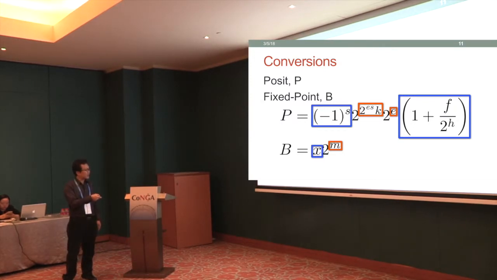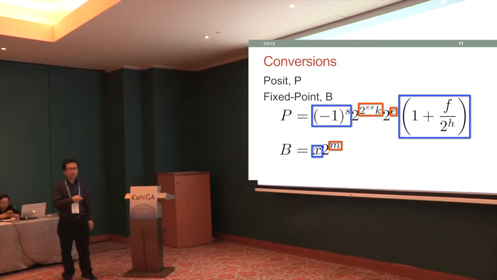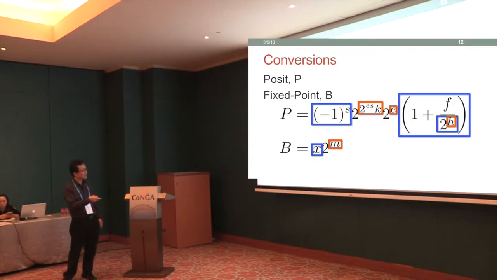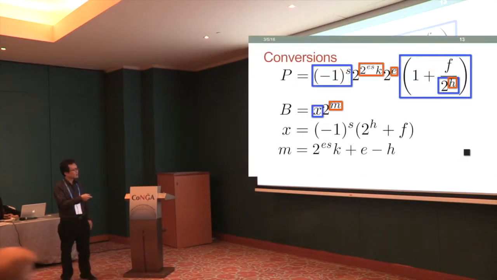Since x should be an integer and f divided by 2 power h is a fraction, in order to make this an integer, we multiply x with 2 power h. So we get this formula for x and m.